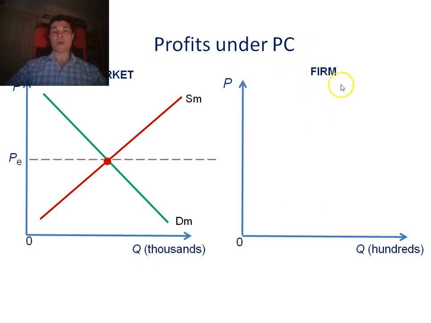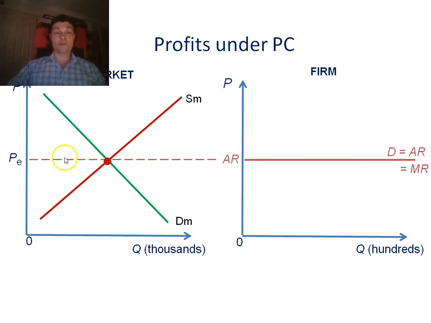And we also know that a perfectly competitive firm is a price taker, meaning to say that it cannot really set the price. It can only take the price that prevails at that point in time in the marketplace. So in order to do it, we're basically transferring the price from the marketplace.